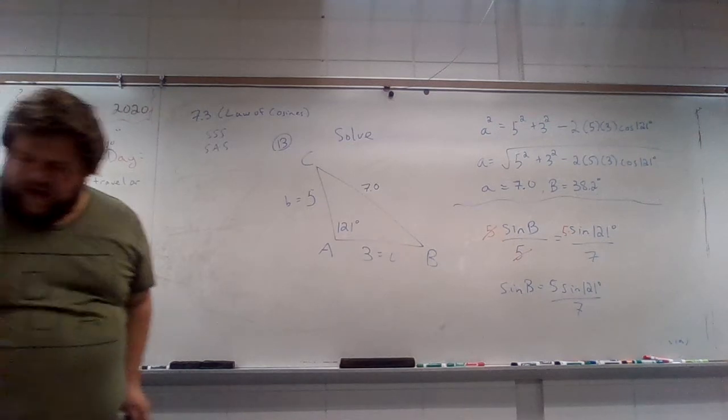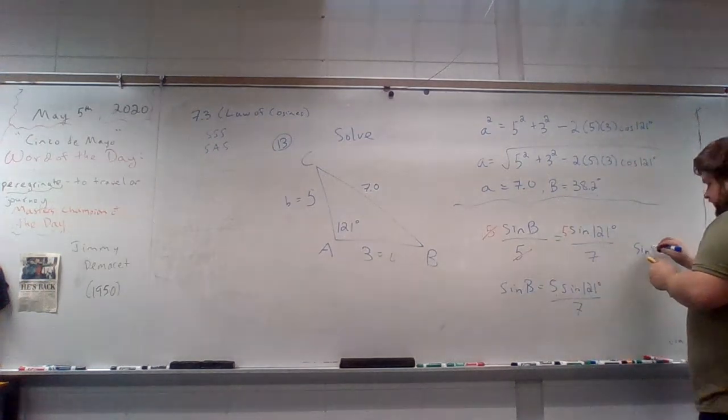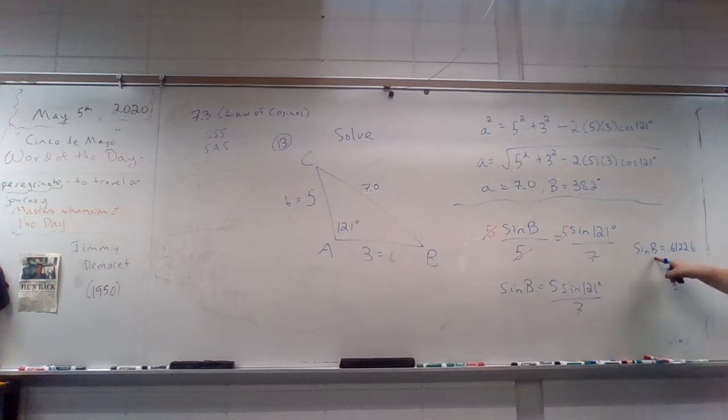If I put that on a calculator, I get something like this. Sine of B was like 0.61226. And then I want to take the sine inverse to get B. So B is, say, the sine inverse of that. So sine inverse of 0.61226. 37.8.